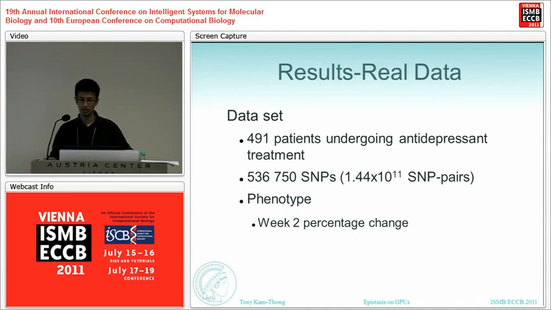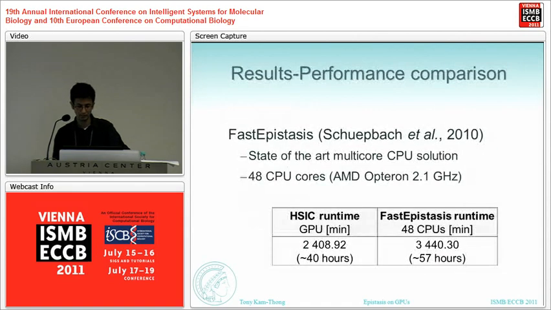The data set that we have consists of 491 patients that are currently undergoing antidepressant treatments, and there's a whole slew of different types of them. And nearly 500,000 SNPs. The phenotype that we took in this case was the week 2 percentage change compared to the baseline week 0.